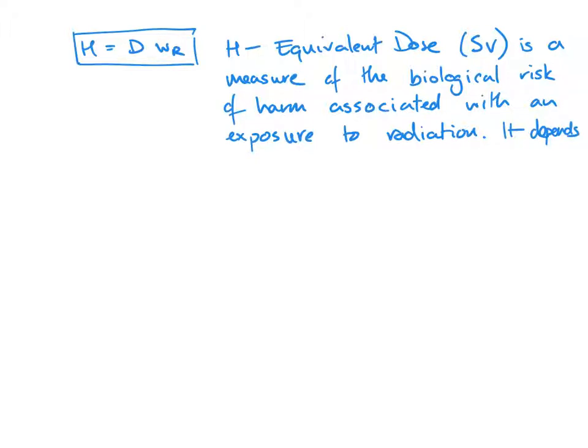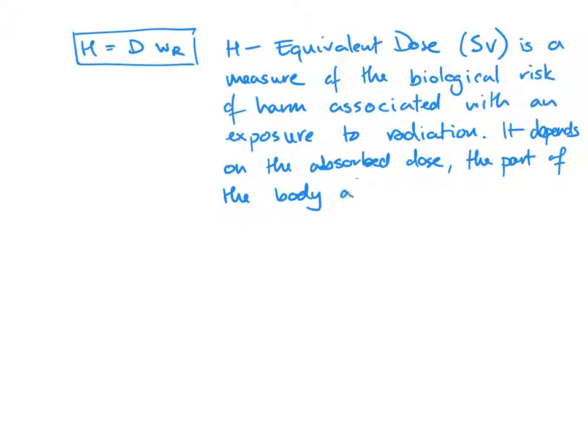It depends on the absorbed dose, quite obviously, because that's in the formula, the part of the body affected, and the type of radiation. So all of these can alter the risk.